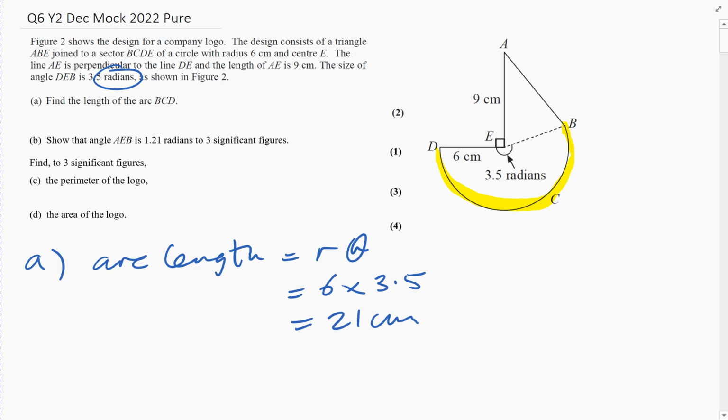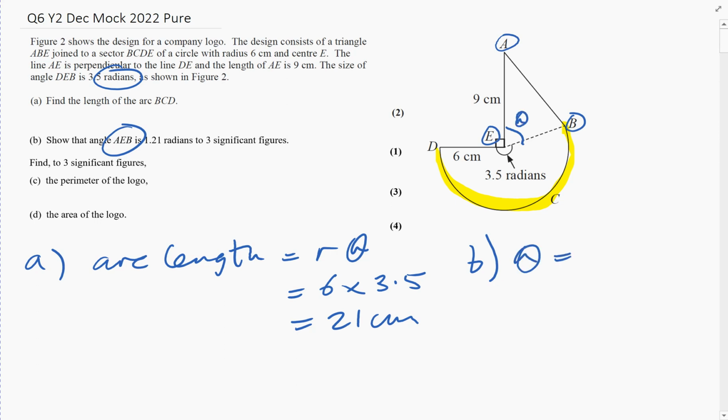Part B, this angle here, angle AEB, we've got to show that it is 1.21 radians. So let's just call this theta.